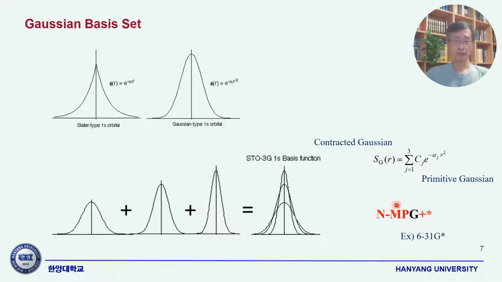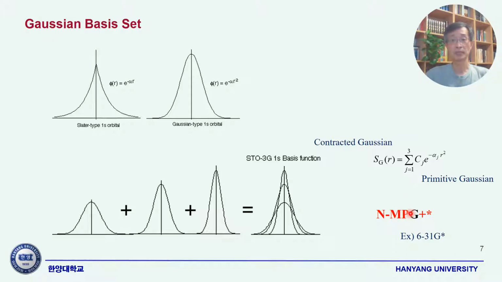If the exponent is greater, then it's much closer, meaning very narrow, to the nucleus. If the exponent is smaller, then it's much more diffuse. That's why the valence electrons are represented by 2 sets of Gaussians.